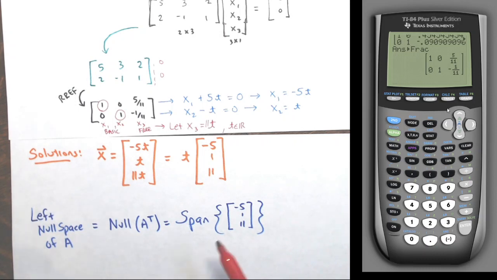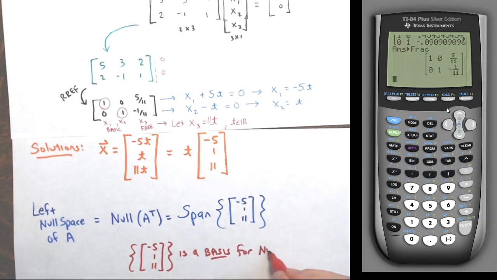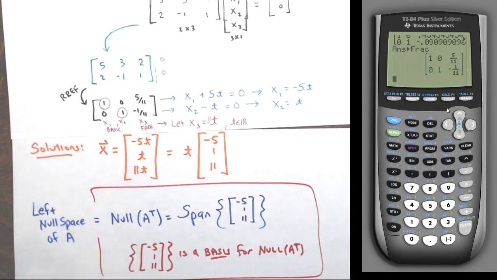And also again, the set with the vector negative 5, 1, 11, this is a basis for the left null space, right? For the null space of A transpose, the left null space of A. Okay, because it spans the space clearly, right? And it's also a single non-zero vector again, right? So it's linearly independent. Great.